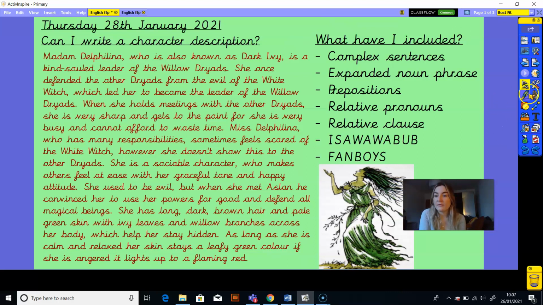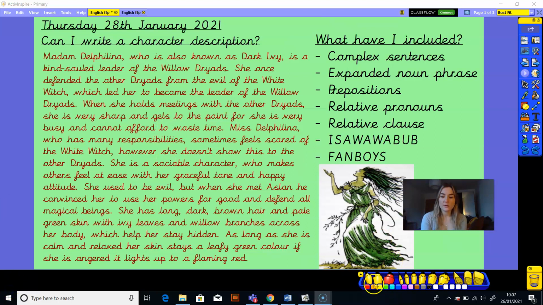Now that I've read through, let's go through and have a look with my highlighter. I'm going to pick a slightly smaller highlighter, and then I've got green. So we've got Madame Delphilina, who is also known as Dark Ivy, is a kind-souled leader of the Willow Dryads.